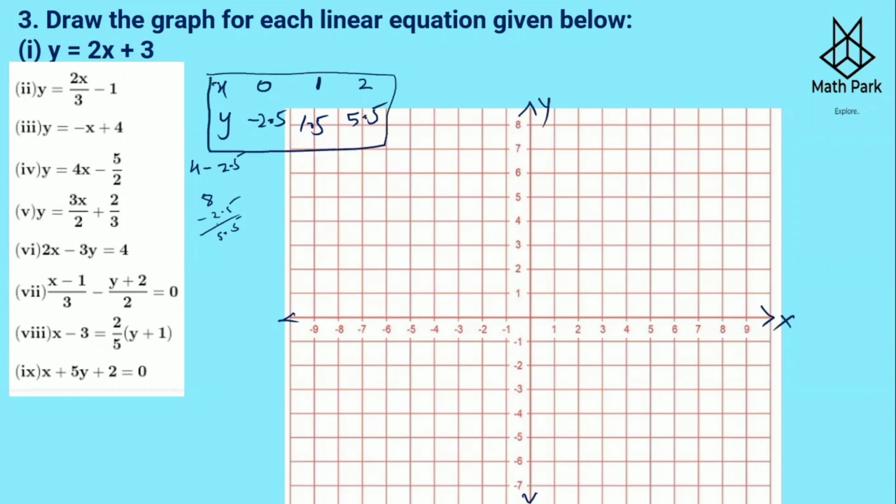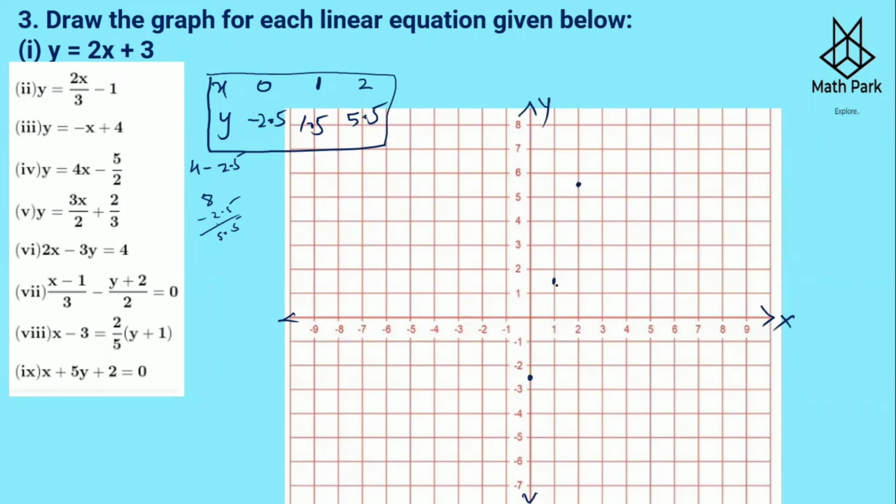So we do the fourth one over here, 0 and minus 2.5. So minus 2.5 is this point, 0 and minus 2.5. Then it is 1 and 1.5. So x is 1 and y is positive 1.5, this point. Then x is 2 and y is 5.5, this point.